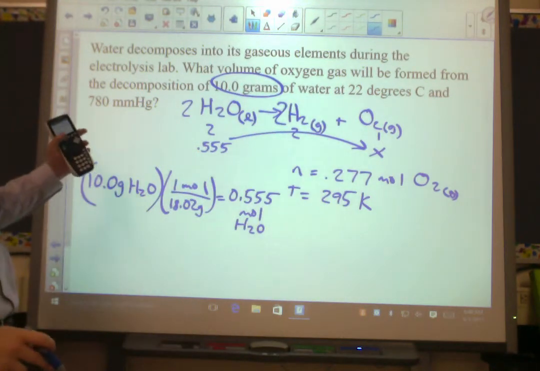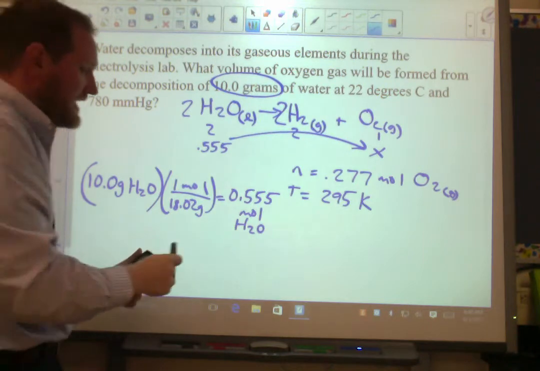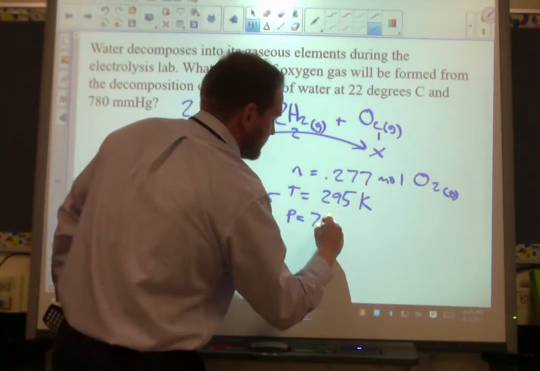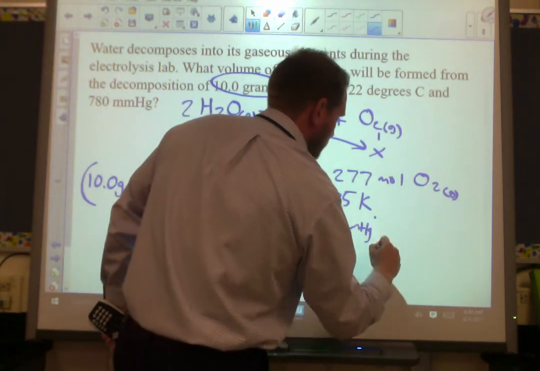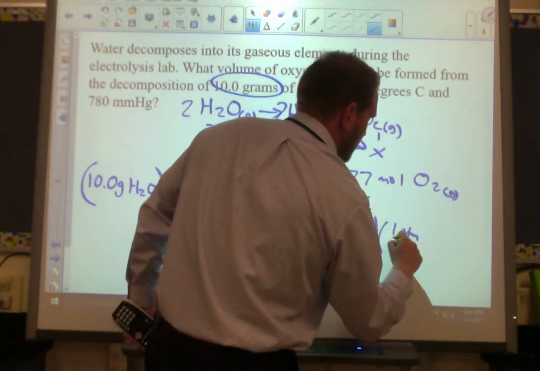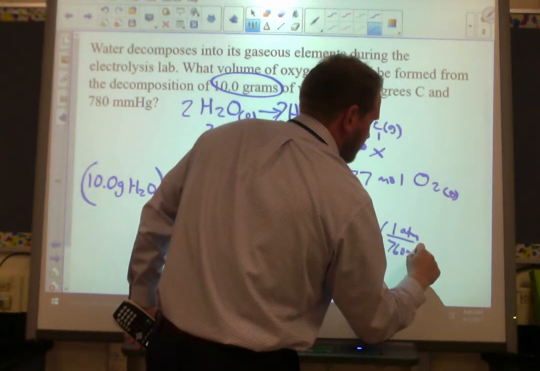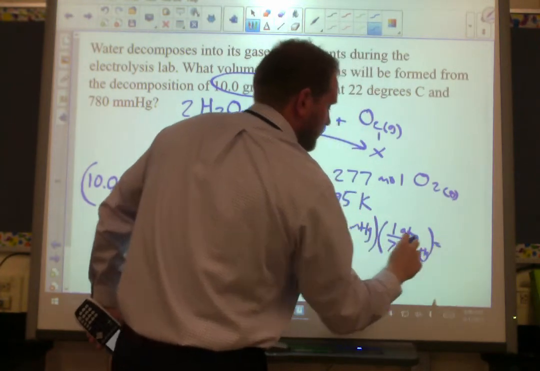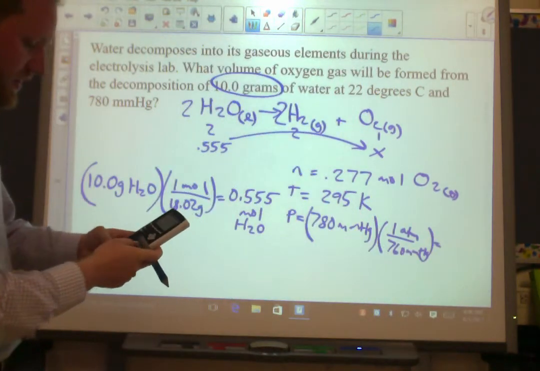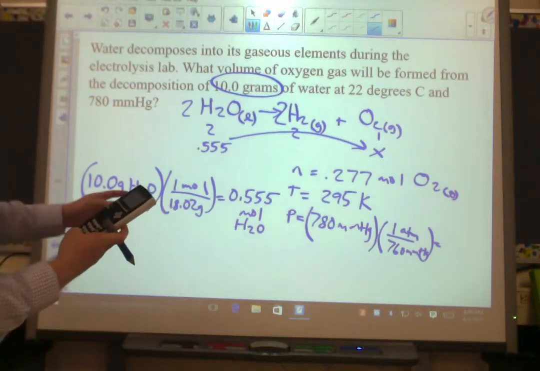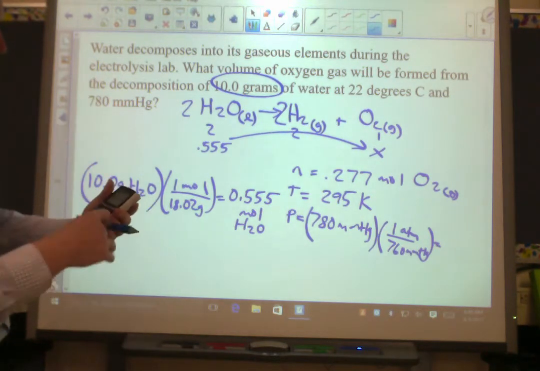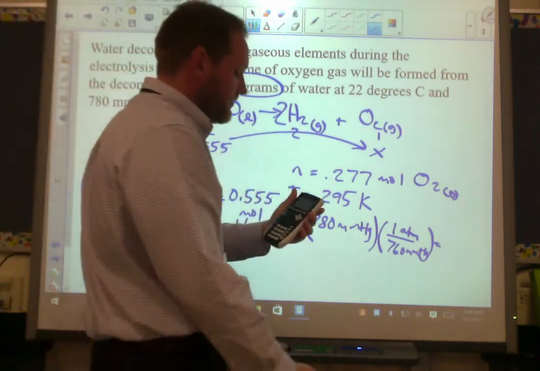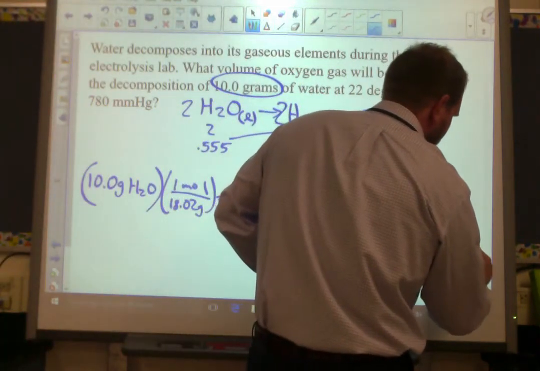But I can't plug 780 in there. It has to be in ATM. So pressure is going to be 780 mmHg times 1 ATM over 760 mmHg. 780 over 760. 2 sig figs there, so I could really round this to 2 sig figs if I want. I'm going to go more sig figs and I'll adjust at the end. 1.03 ATM.